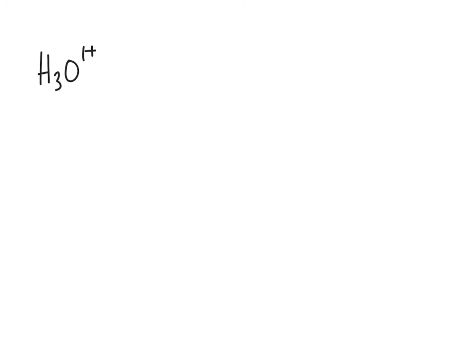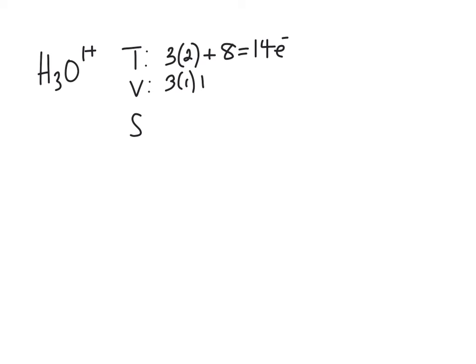Okay, so I'll do one of the ions. H3O+. So total: we have 3 hydrogens, and each one wants to be surrounded by 2. And we have an oxygen that wants to be surrounded by 8. So 6 plus 8, so we want 14 electrons in total. Valence electrons: 3 hydrogens and 1 oxygen, but don't forget the charge.